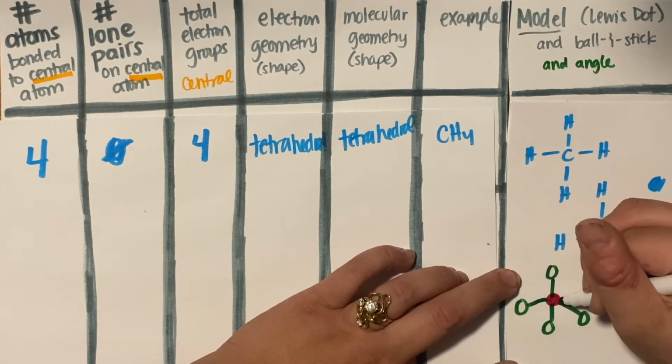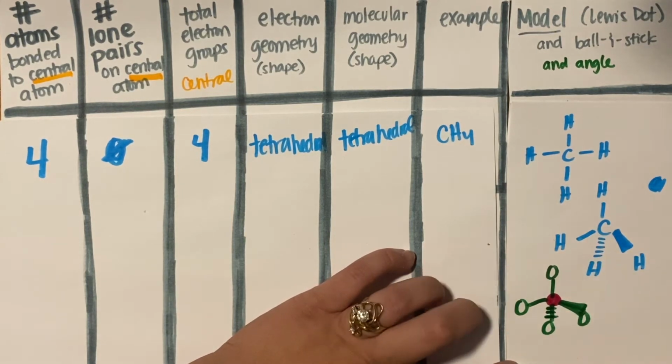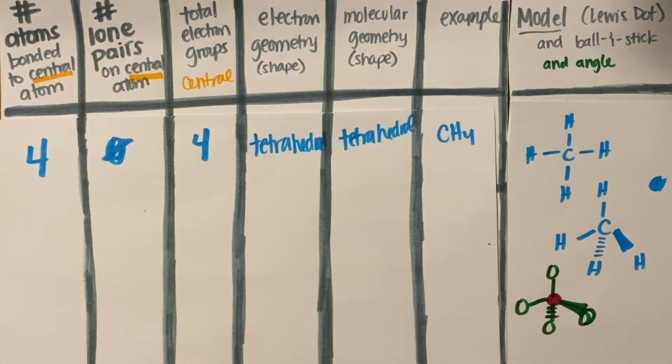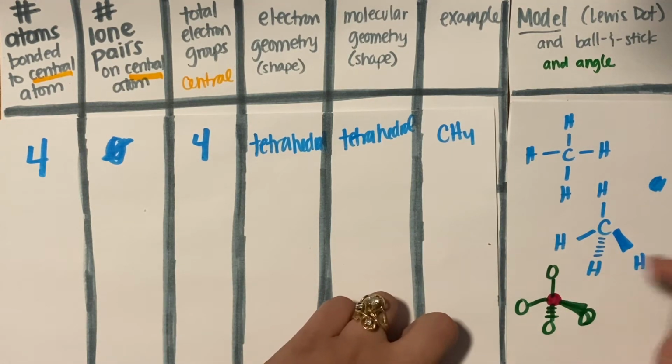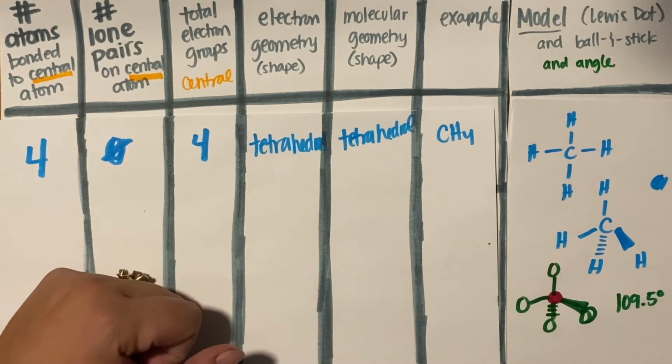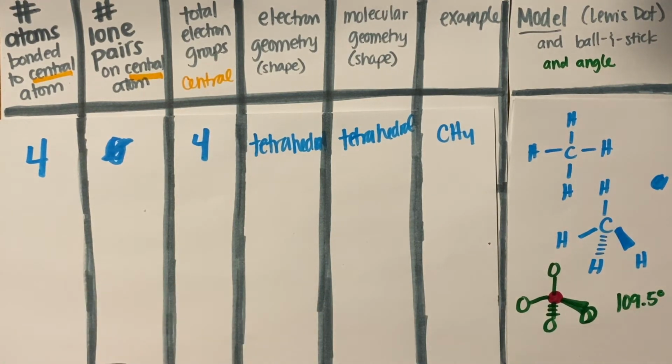And by all means, if you want to show a wedge and a dashed line, you can do that, okay? Kind of looks wonky. You get it. And my angle for this guy is 109.5 degrees, okay?